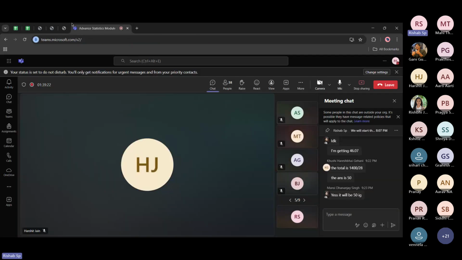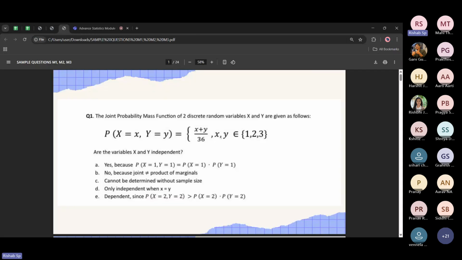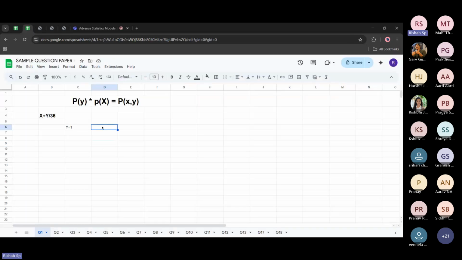In this question, it's mentioned that x and y belong to 1, 2, and 3. So y is equal to 1, y is equal to 2, and y is equal to 3, and we have x is equal to 1, x is equal to 2, and x is equal to 3.